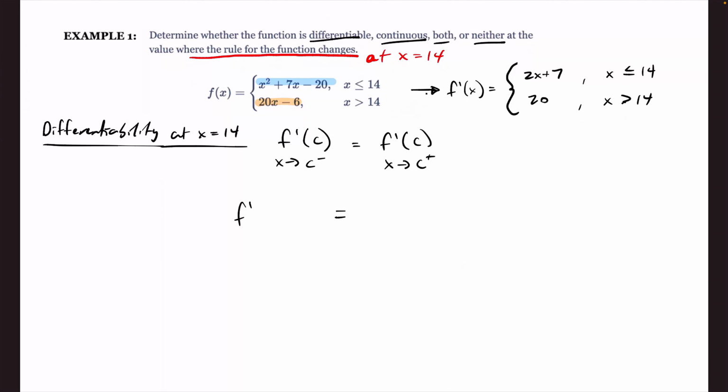So f prime, what is the c value for this guy, the one we're doing right now? 14, right? 14 from the left, 14 from the right.